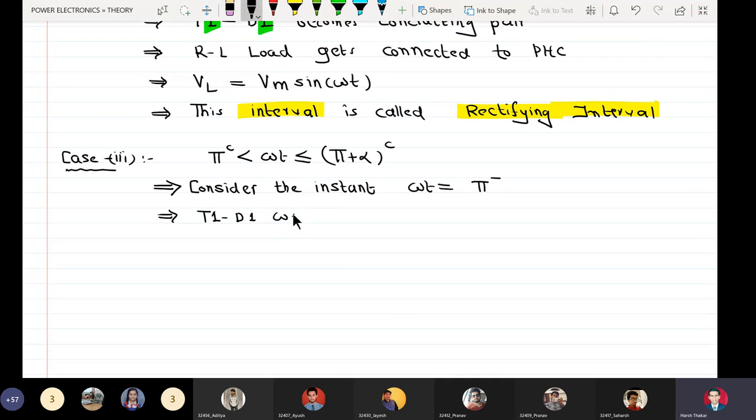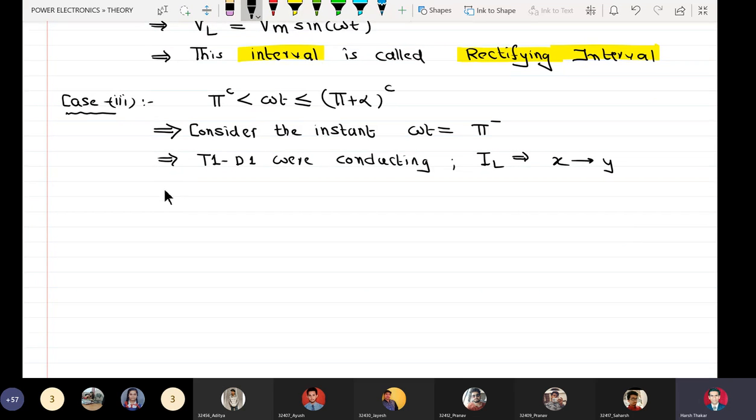T1 D1 were conducting, the load current was flowing from X to Y. Okay, at omega t equal to pi radians, negative half cycle has started.